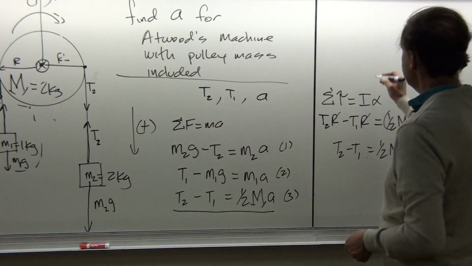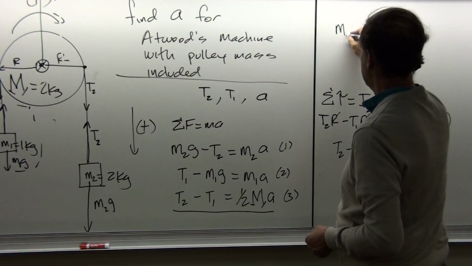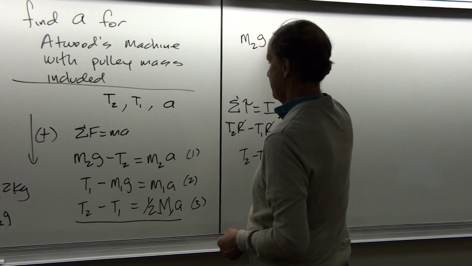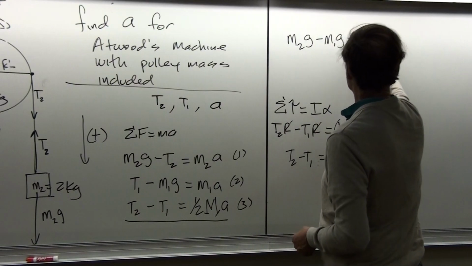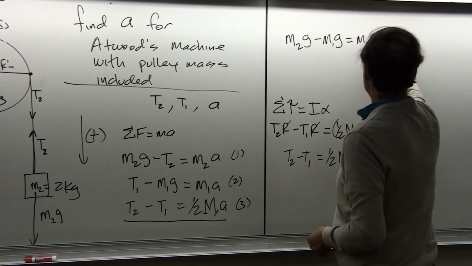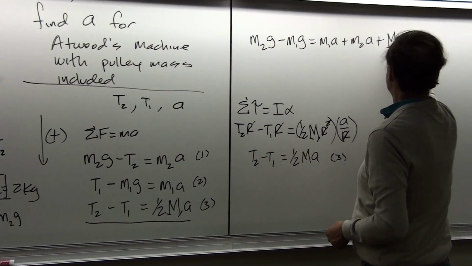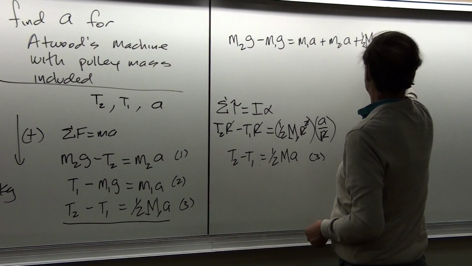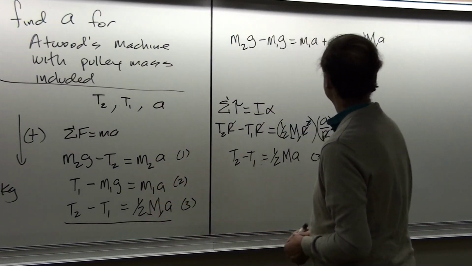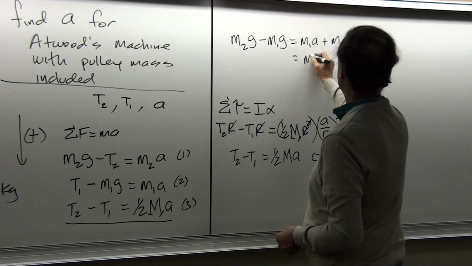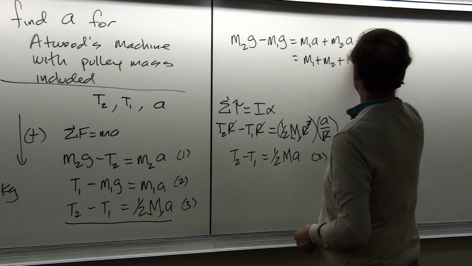And so what we're left with is a composite equation that looks like M2G minus M1G equals little m1A plus little m2 times A plus big M times 1/2 times A, because here we had 1/2 MA. So I'm just adding all three of these together. Or this is M1 plus M2 plus 1/2 big M times A.